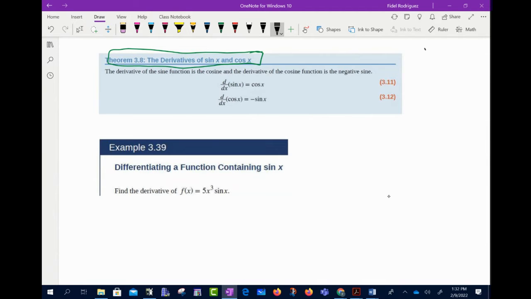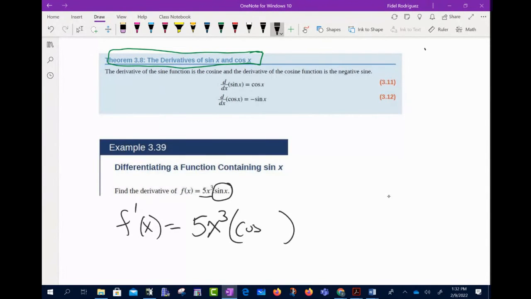Okay, so remember, when we have a function, and this is a product, I can think of this as 5x to the third times sine of x, and we're going to find f prime of x. We said we're going to take the first function, which in this case is 5x to the third, times the derivative of the second. What is the derivative of the sine?